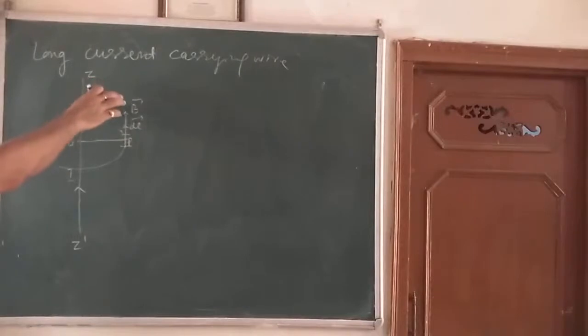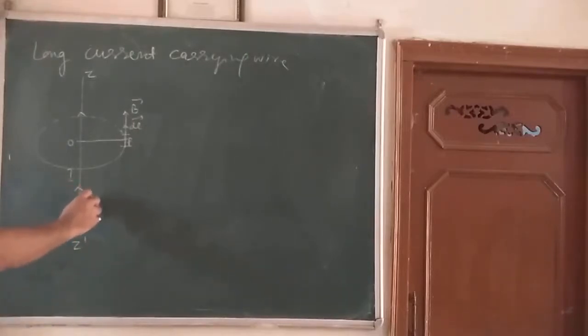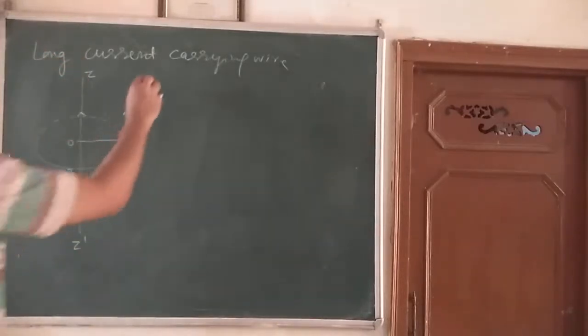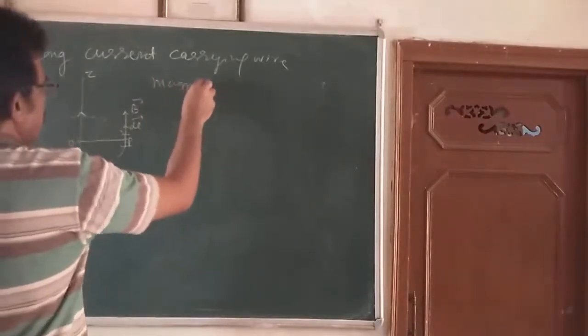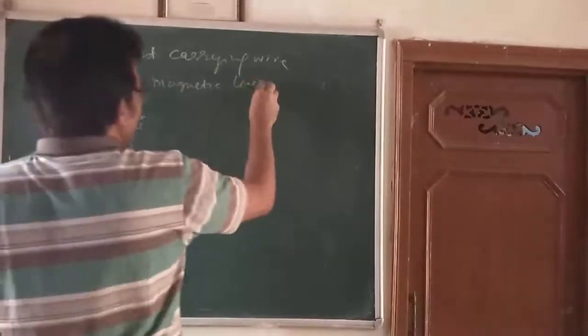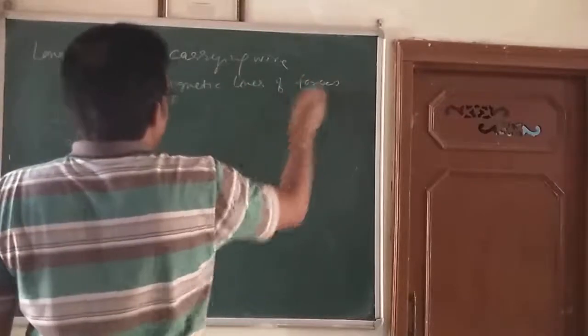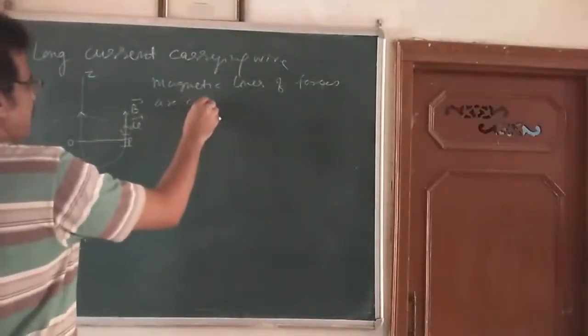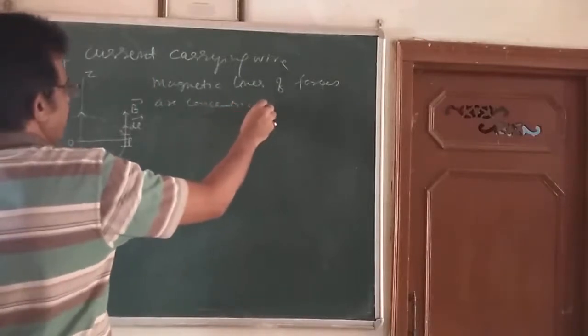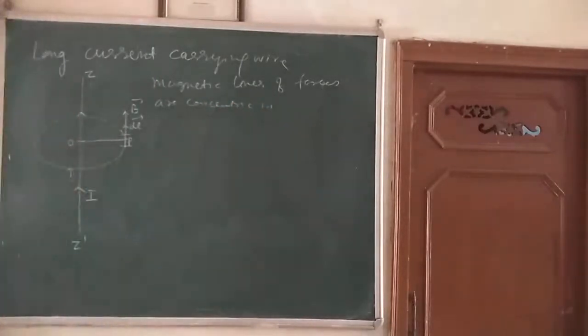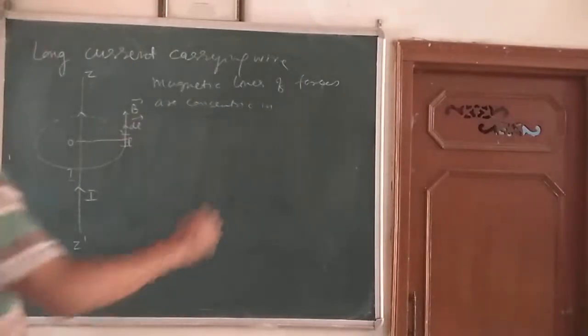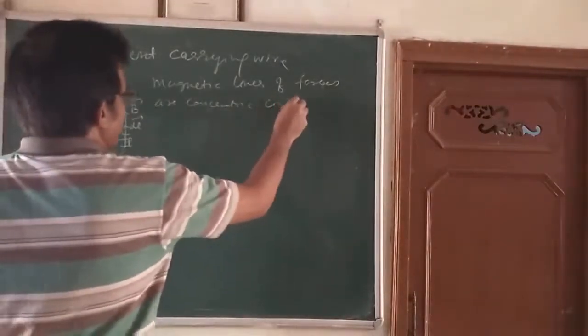So consider a long conductor Z, Z dash along this axis and let I be the current flowing in it. In this direction, the magnetic lines of force are concentric circles. So we can draw this figure.